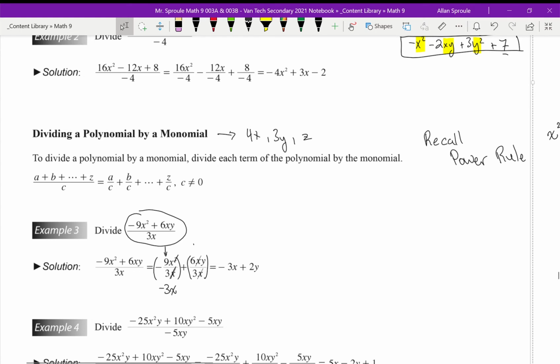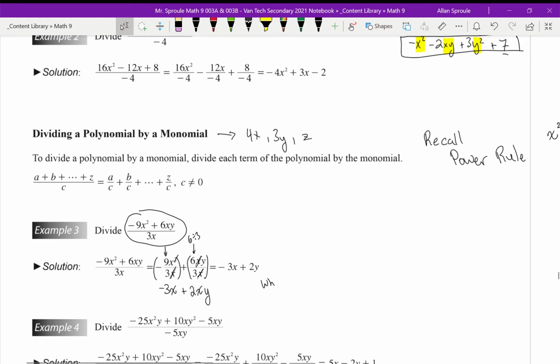Positive 6 divided by 3, so this is going to give me positive 2. The two x's cancel out, and I can't apply the x to the y, so this y gets left alone.